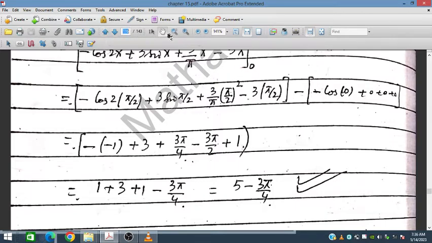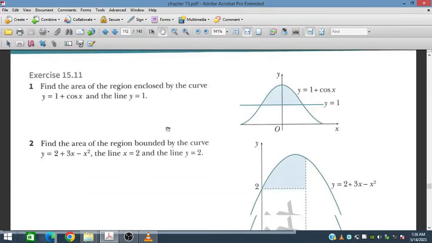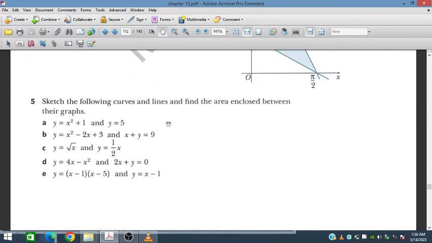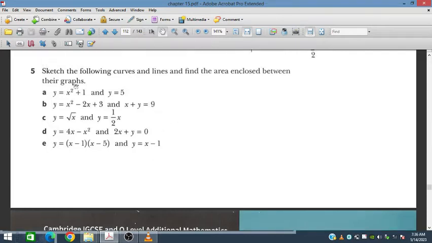Now sketch the following curve and line and find the area enclosed between their graphs. So this is also a very important question.